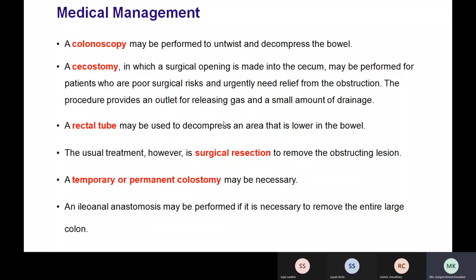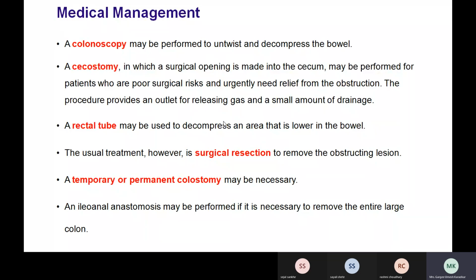Thirdly, depending upon the area of the patient's problem, a rectal tube may be placed to decompress an area that is lower in the bowel. Then the usual treatment is a surgical resection to remove the obstructing lesion. So temporary or permanent colostomy may be necessary.